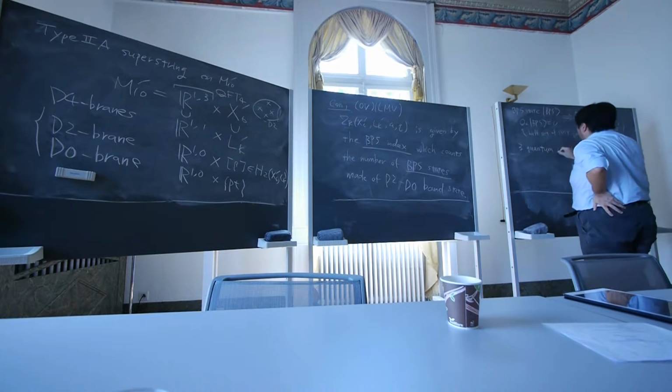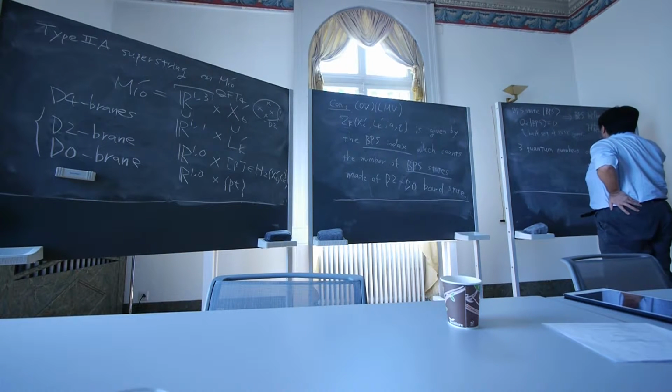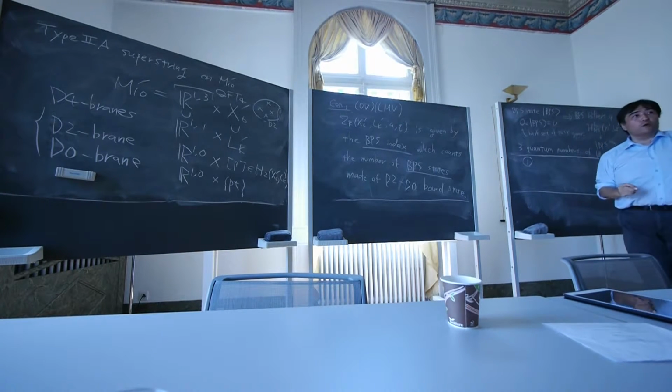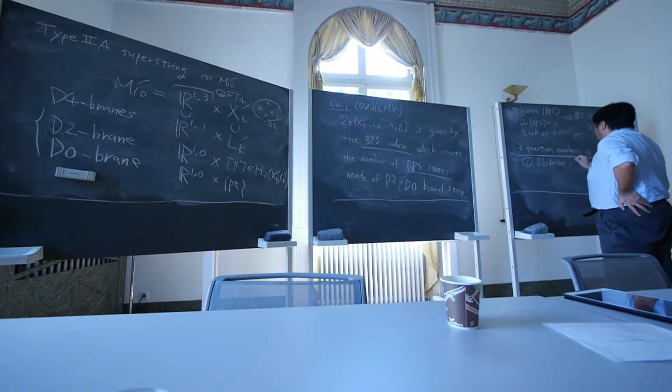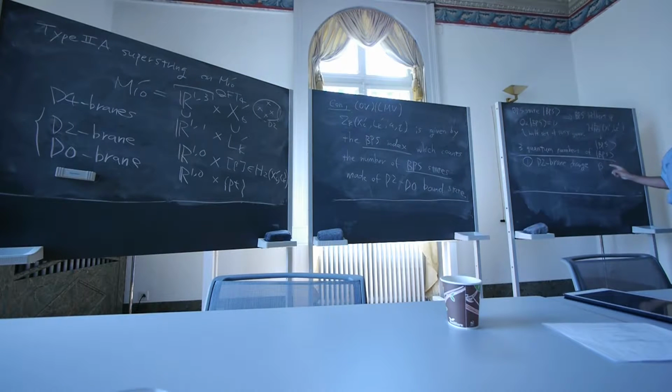The first one is the so-called D2 brane charge. Essentially, this is labeled by the wrapping number beta of this relative homology class.